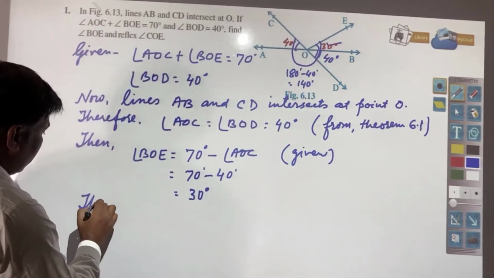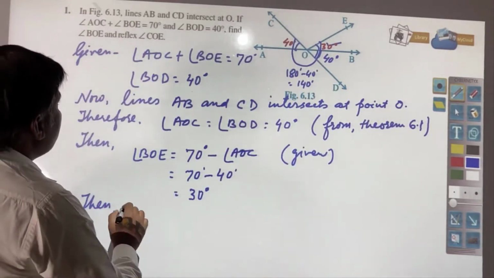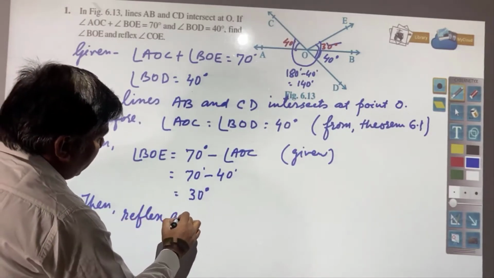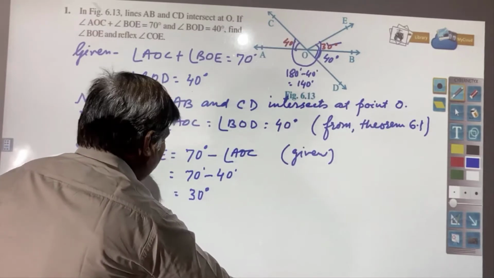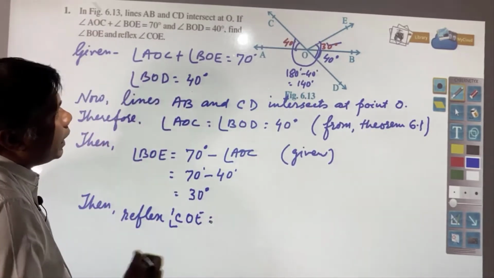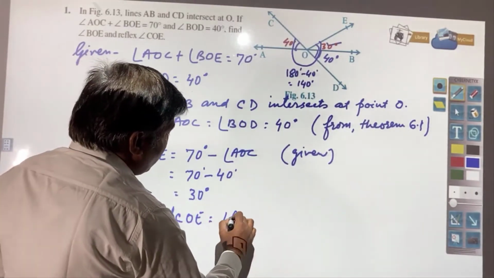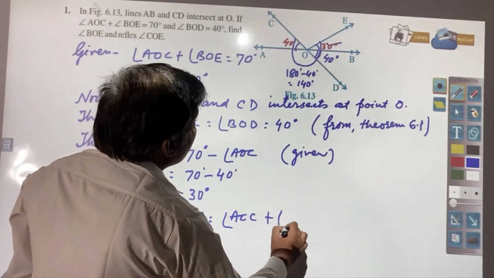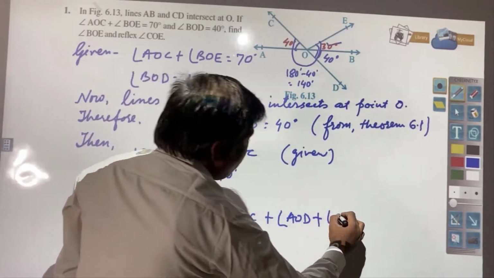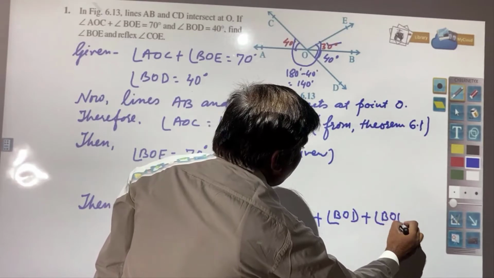Then we need to find out reflex angle COE. Reflex angle COE will be equal to angle AOC plus angle AOD plus angle BOD and angle BOE.